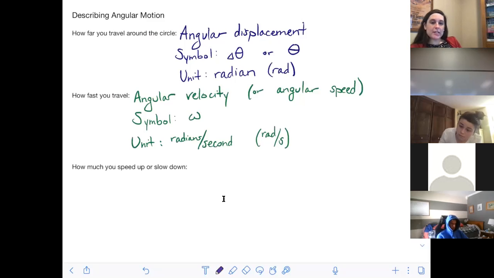Okay, and then the last quantity that we want to use to describe angular motion is basically trying to describe how much you're speeding up or how much you're slowing down. So that is angular acceleration.